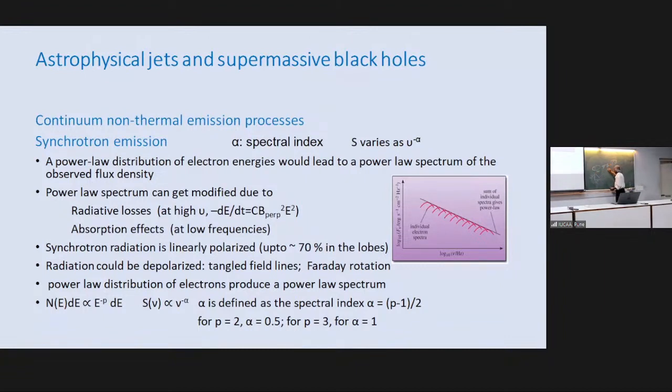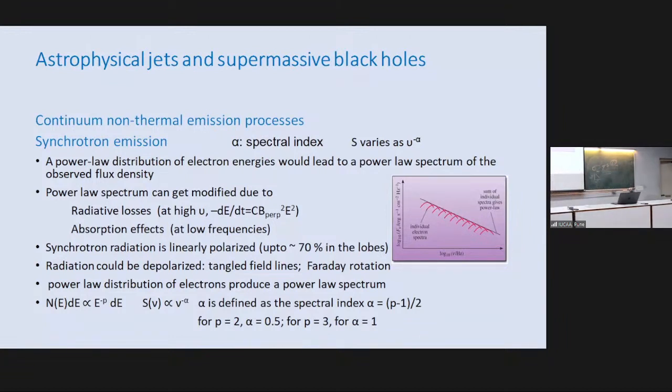In the core, I will get a spectrum which is more complex. In the jet, I will get a spectrum which is not as steep, usually a bit flatter, and the lobe has a steep spectrum. Now, why do we get this shape?